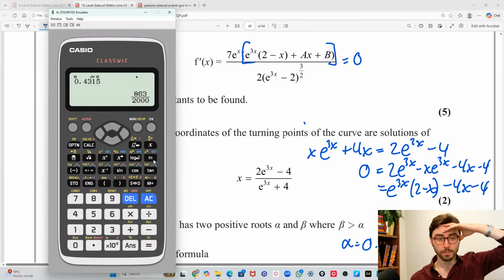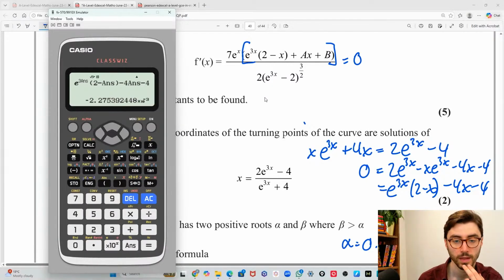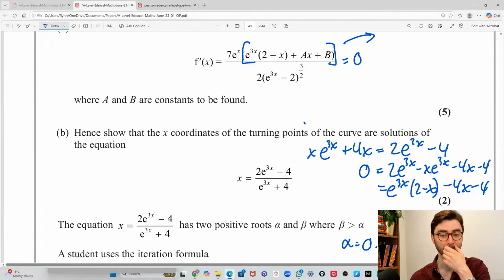So e to the 3 answer into 2 minus answer, minus 4 answer, minus 4. Great. Okay, well, there's the answer.